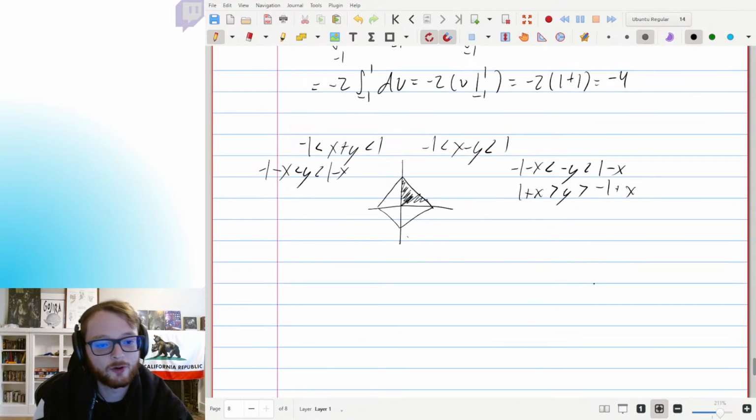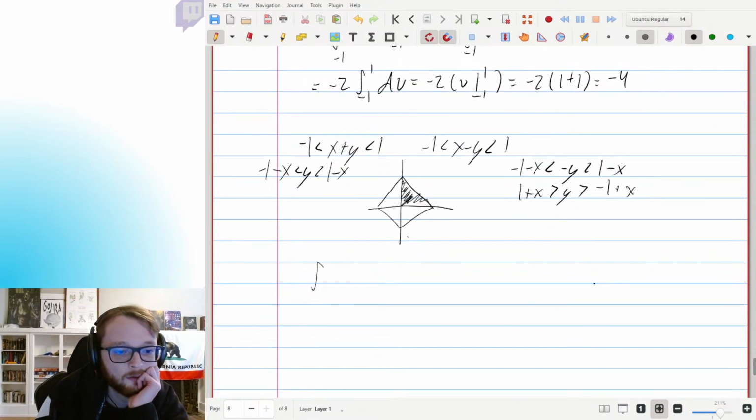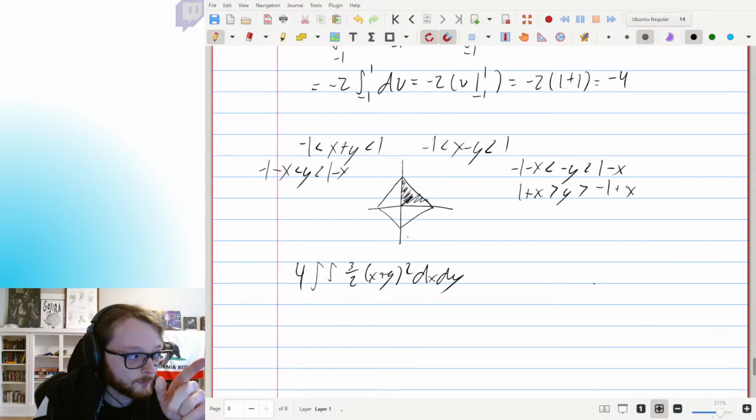In which case your integral will be 3/2 times (x plus y) squared, dx dy. We multiply by 4 on the outside. If I'm doing x's first, x is going to go from... Maybe we should do y first.